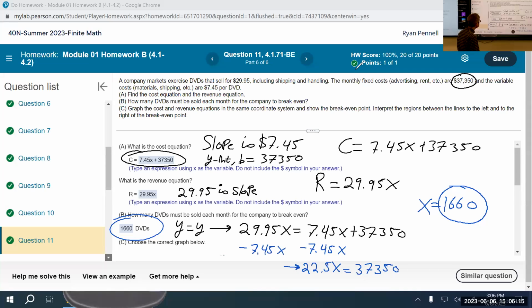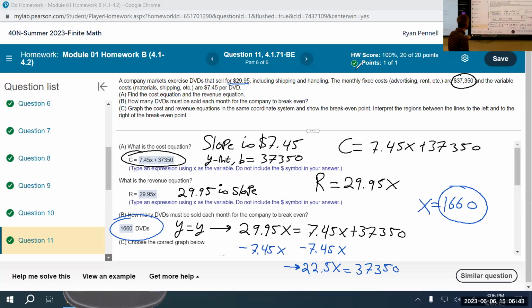Once you get 29.95 as the slope, that came from it sells for 29.95. People don't buy DVDs as much anymore, but if we think of a Nintendo game at Target, let's say this game is selling for 29.95.